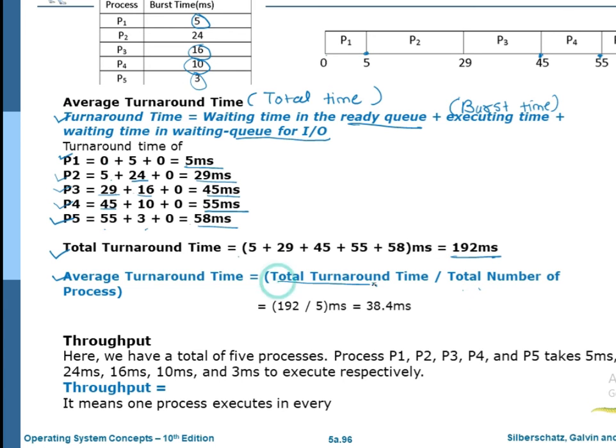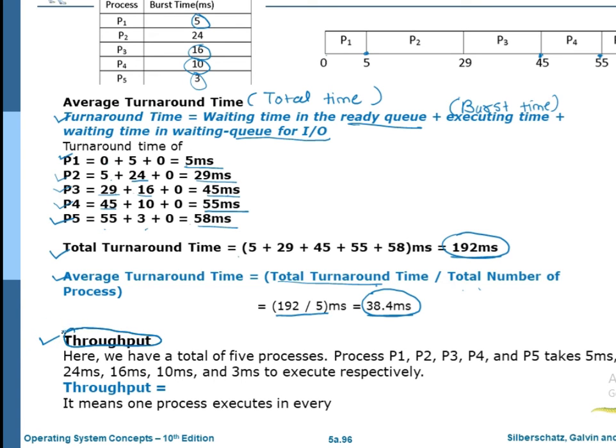So 192 milliseconds divided by 5 equals 38.4 milliseconds. So the average turnaround time here is 38.4 milliseconds.